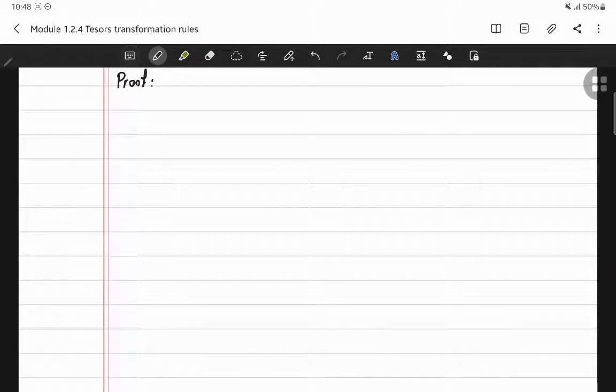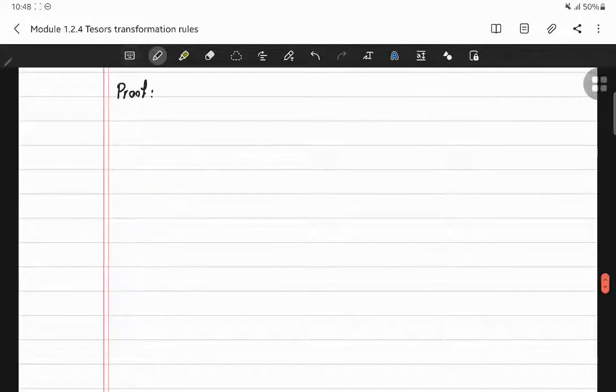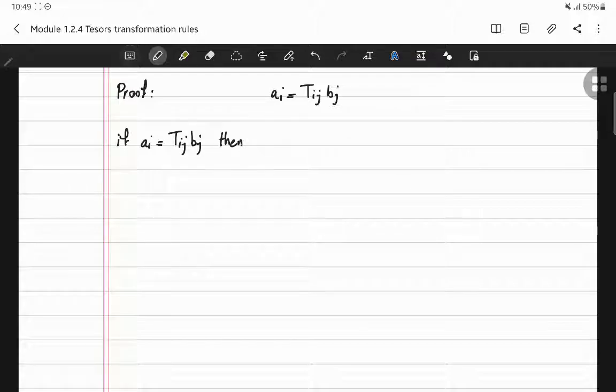So if we have, for example, A_i is equal to T_ij B_j. So if we assume that this is true, then it is true in all coordinate systems.